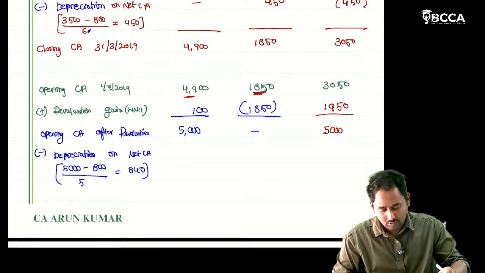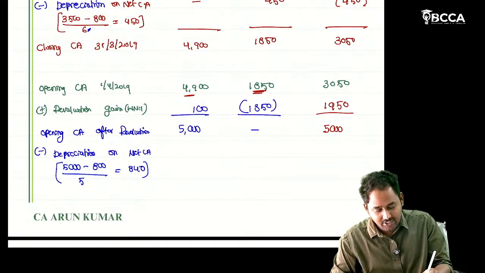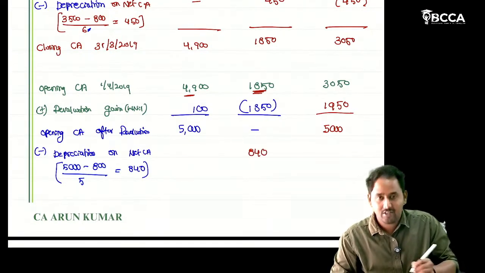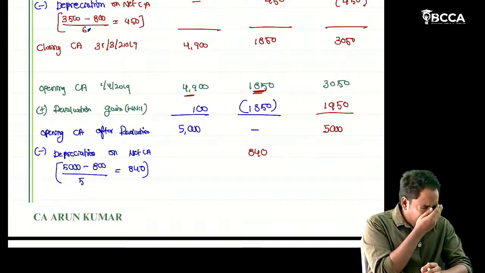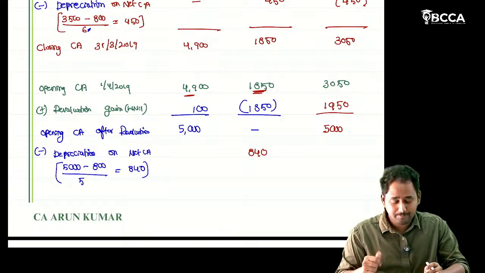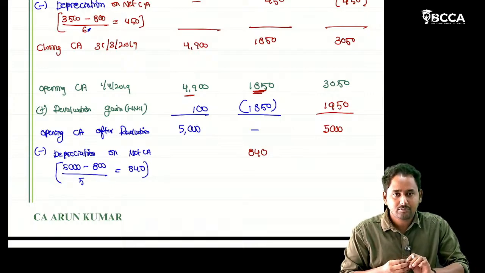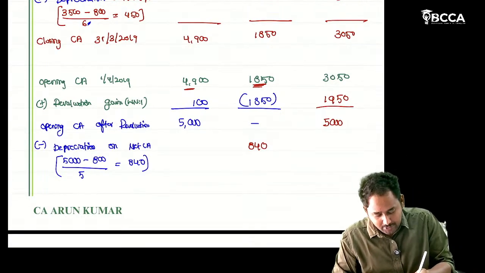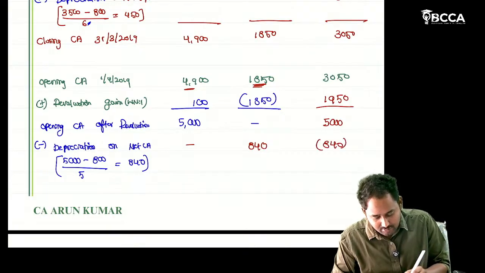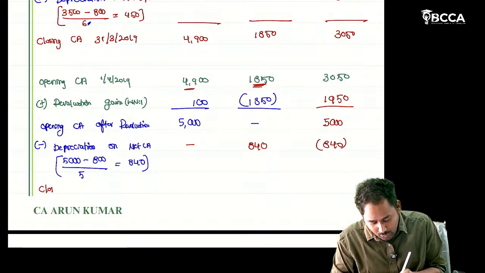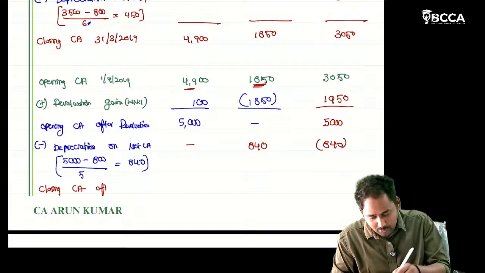840. So this 840 should be included here. So depreciation is provided, and 840 should be reduced. Then I got the closing carrying amount.